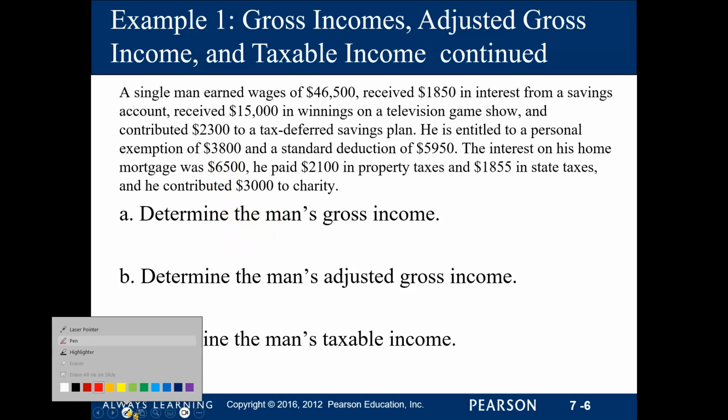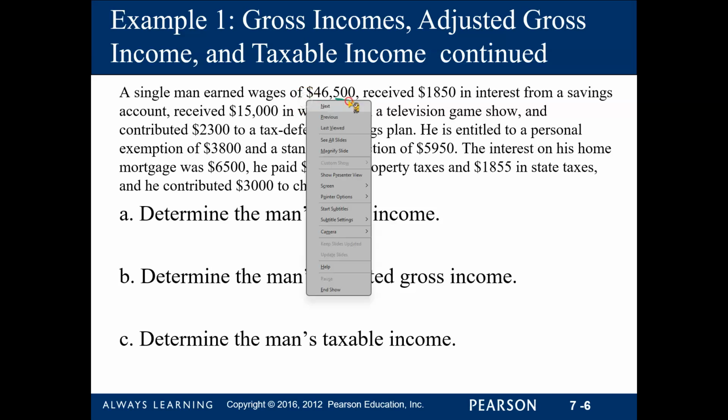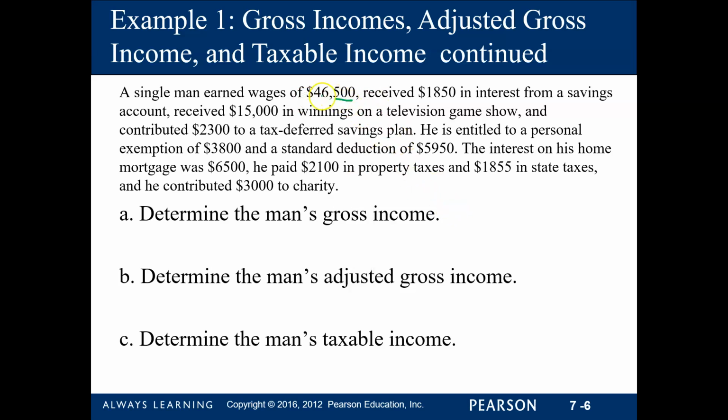Going back to our definitions, the gross income is everything that the man earned. In this case, we know that $46,500 is included. That's the wage. The interest from the savings account was received, so $1,850 is also counted. The $15,000 winnings on a television game show is also counted as income.